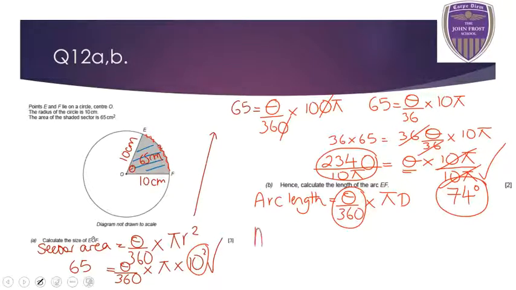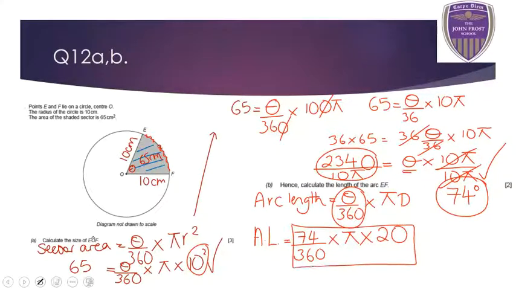Okay, so arc length, I just put AL, is theta, which is 74 over 360, times pi, times, now be careful, if the radius is 10, then the diameter is going to be 20. And so with this, you're just going to work that out on a calculator.